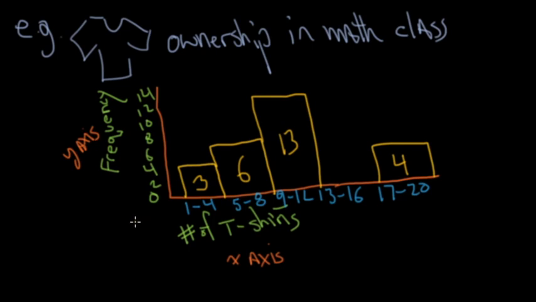Okay, so that's how you would set up your histogram. The number of t-shirts, the frequency is there, things are touching, and there you go. Now you can use this histogram to answer some questions that you might want to answer. And there you go, histograms.